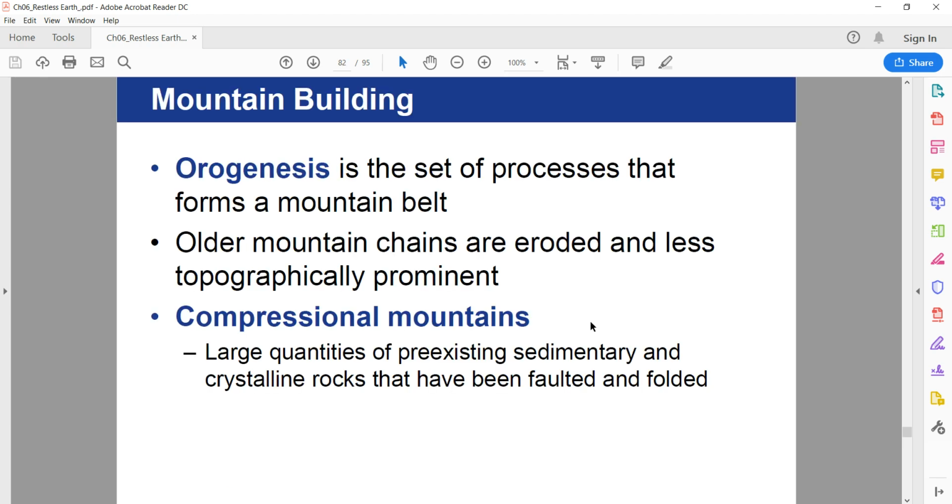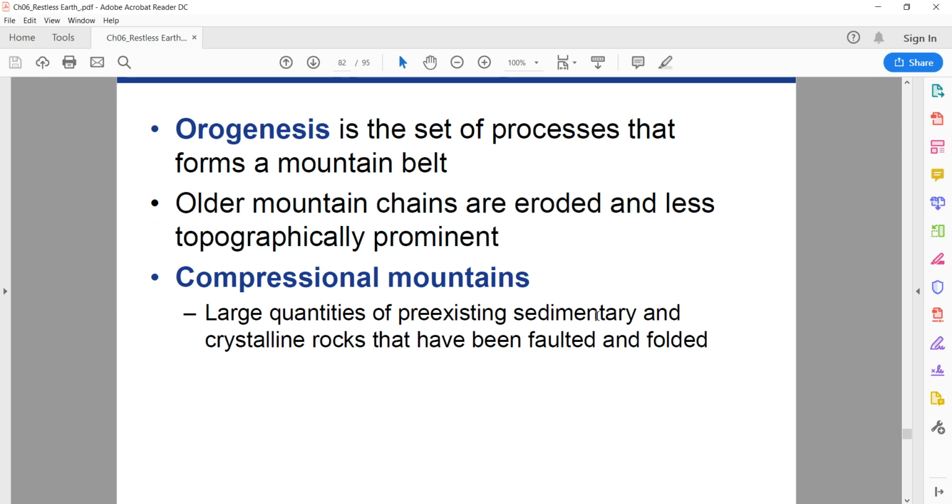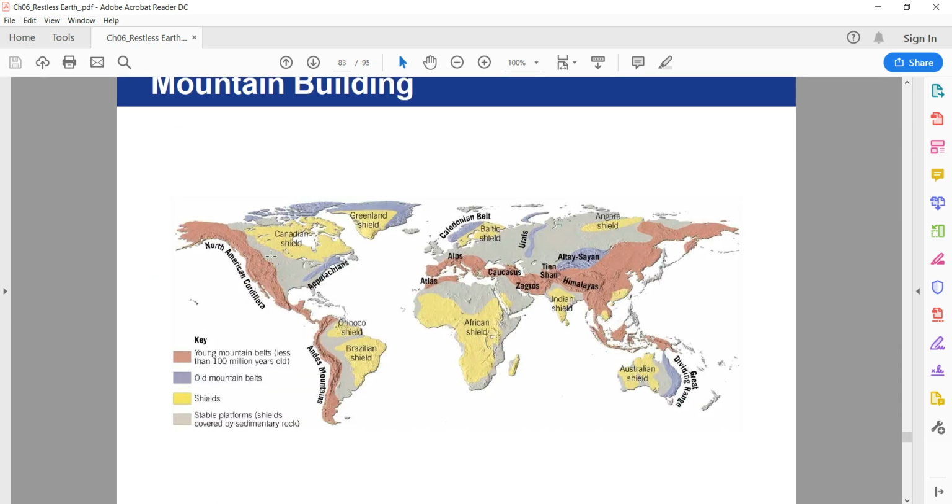There's a term called orogenesis that describes all the processes responsible for this chain of mountains that we see on the face of Earth, and all of these mountains are not about the same age. Some are older, some are younger, and that is what we will try to understand, how it all happened. Some of them came at different time periods.